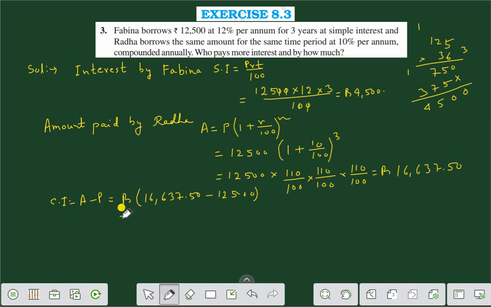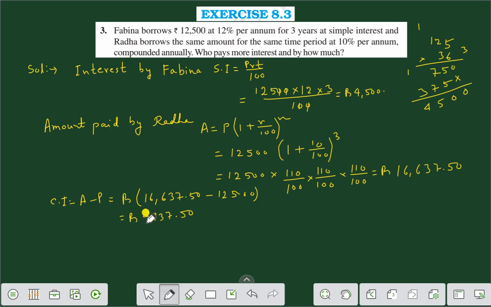And after subtracting, we are getting compound interest as rupees 4,137.50.